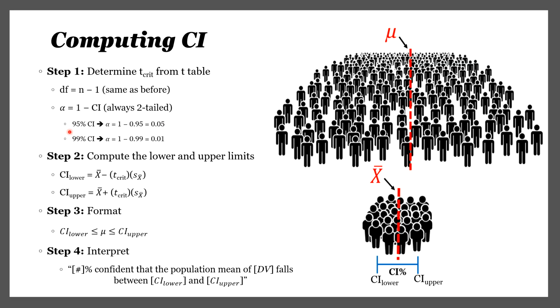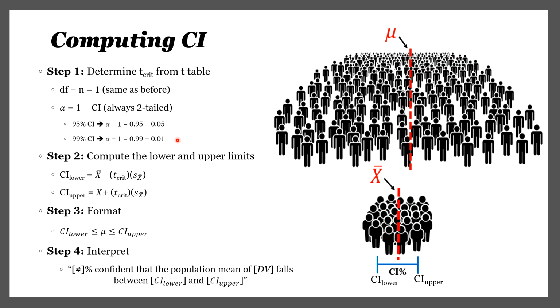For example, if your confidence level is 95%, then you subtract 0.95 from 1, and that gives you alpha, so 0.05. If your confidence level is 99%, then you subtract 0.99 from 1, and your alpha is 0.01.